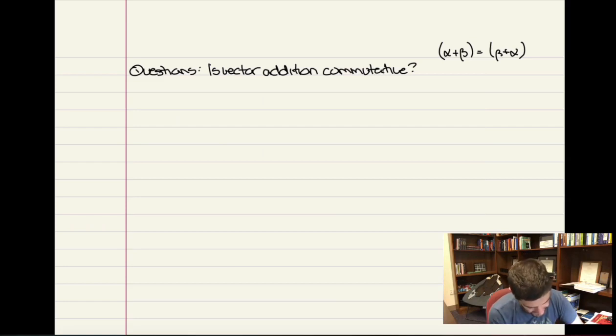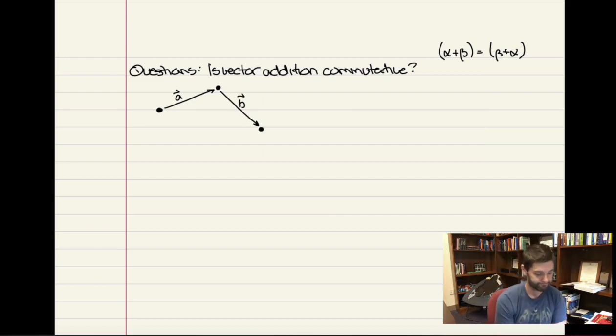So we can actually figure this out. Suppose I have some vector, I'll call it little a, and it points from one point to another. And then I have some other vector b that points in a different direction.